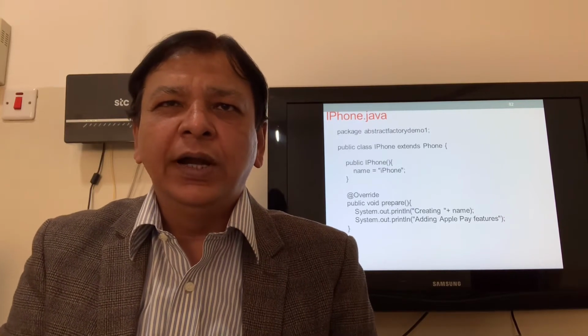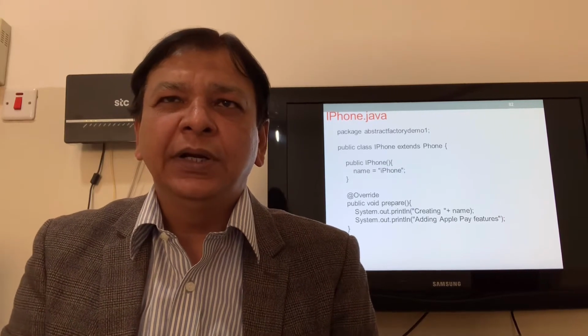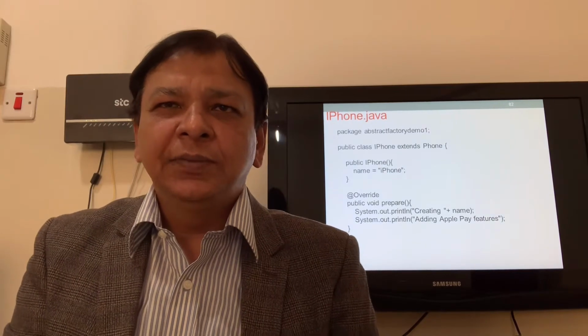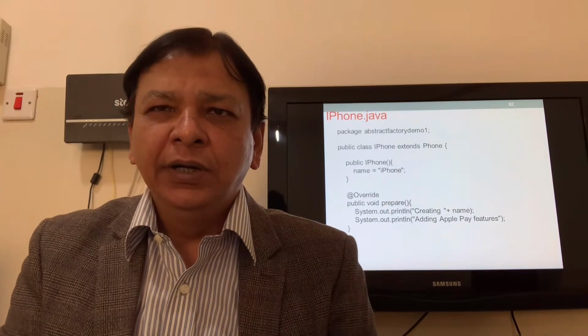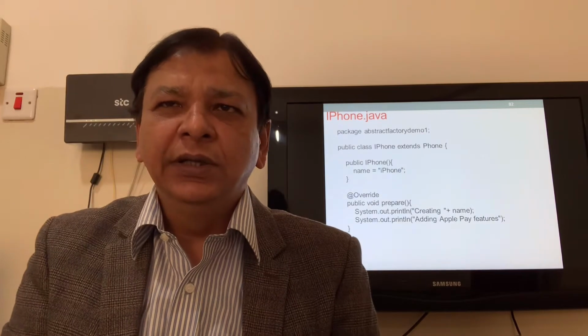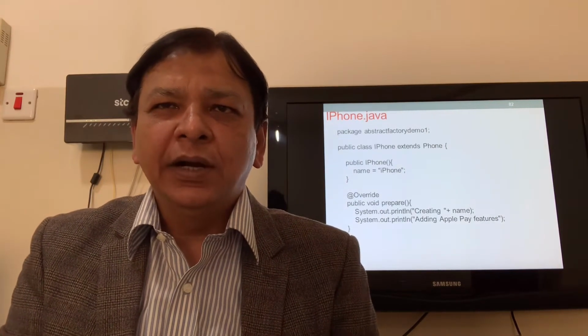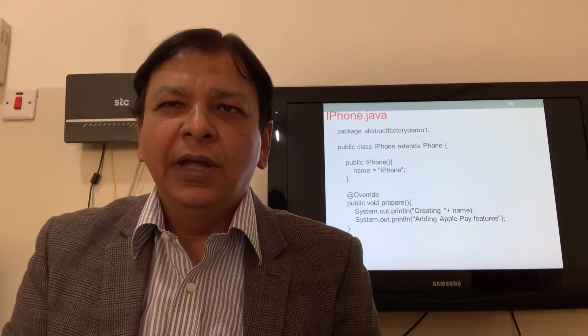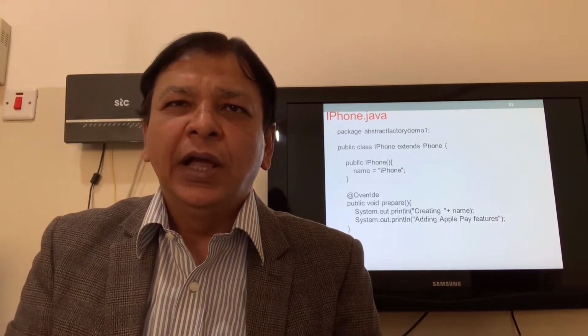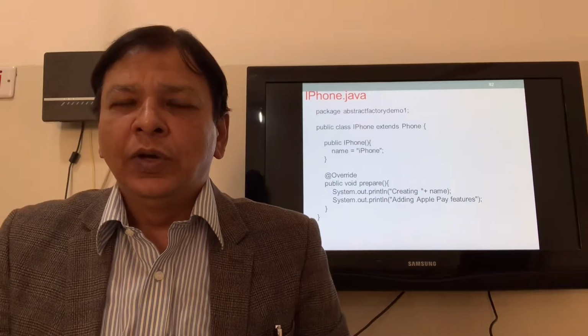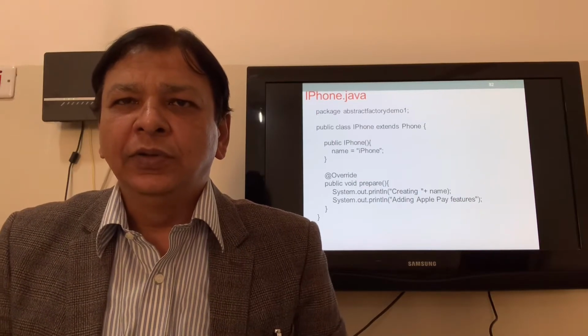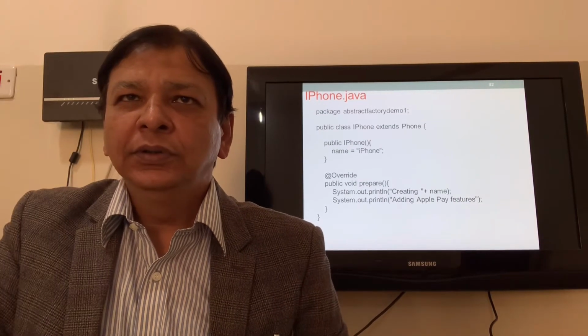Then we override the prepare method from the abstract class Phone. System.out.print creating, the string, and then the attribute name, and then System.out.print adding Apple Pay features. Then we close the override method, and we close the iPhone class.